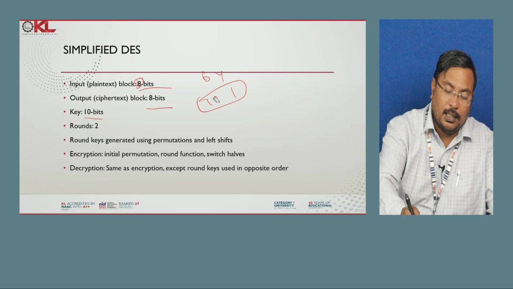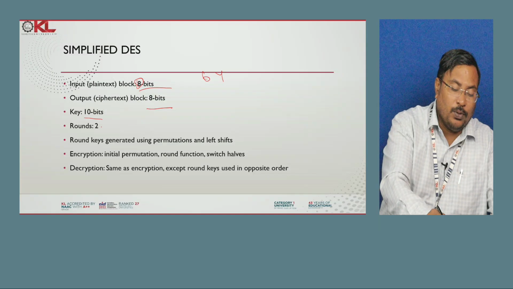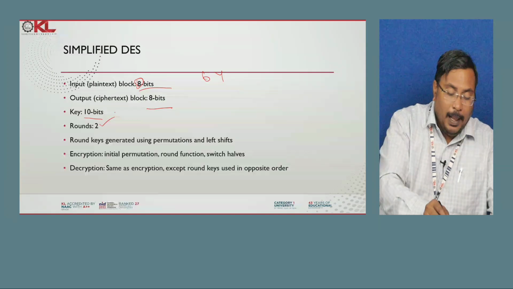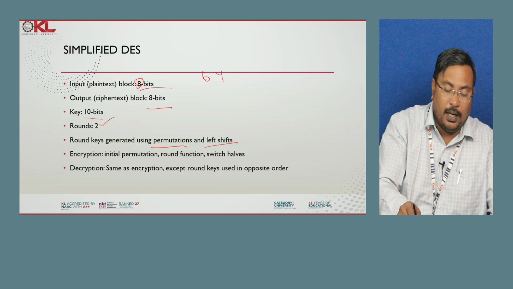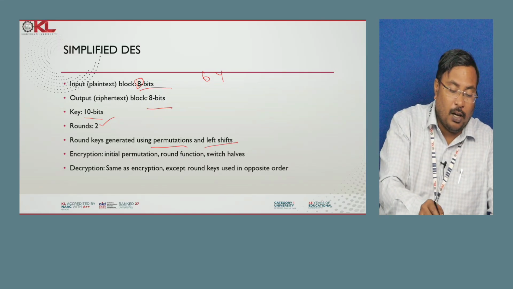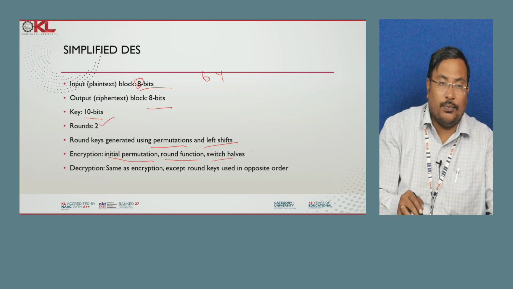That will be discussed in the SDES algorithm, and DES algorithm. The number of rounds will be 2, and round keys are generated by using permutation and left shifts. The encryption algorithm uses initial permutation, round function, and switch.